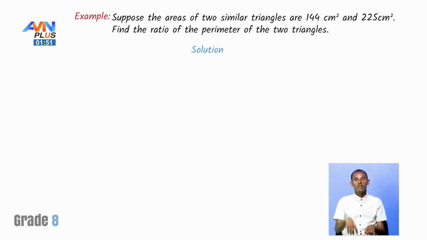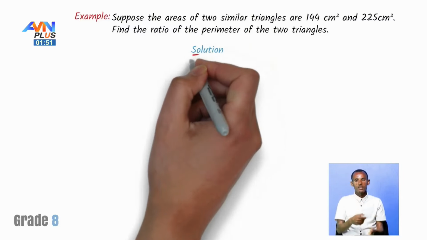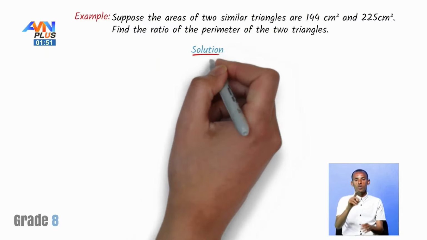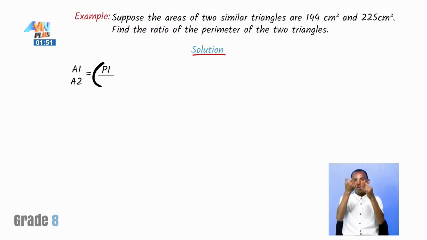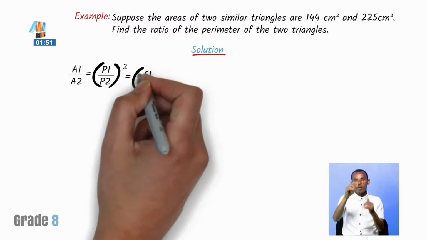To answer this question, you need to remember the relationship that we derived earlier. We have seen that if two triangles are similar, the ratio of the area of one triangle to the other is P1 by P2 the whole square. This is also the same as S1 by S2 the whole square.